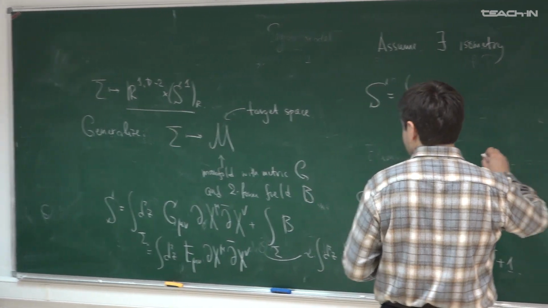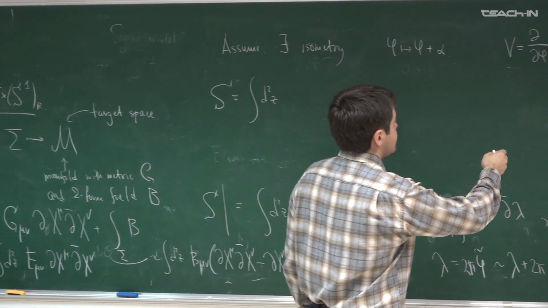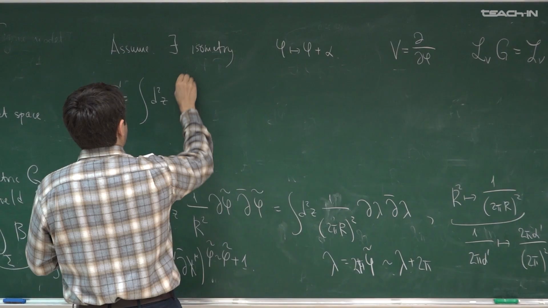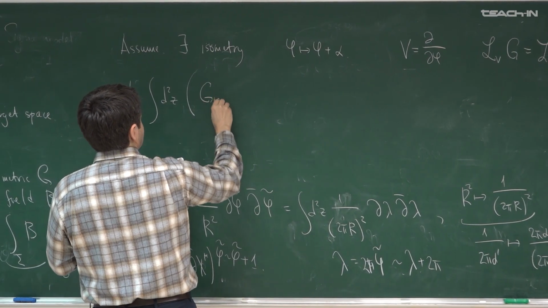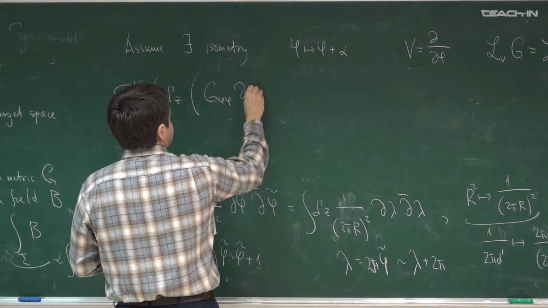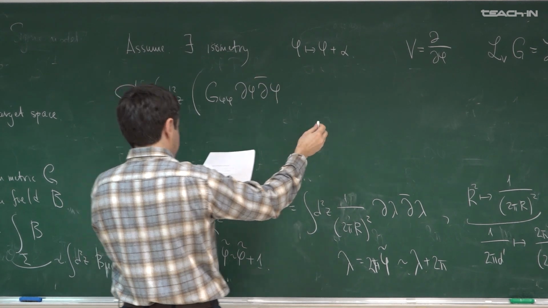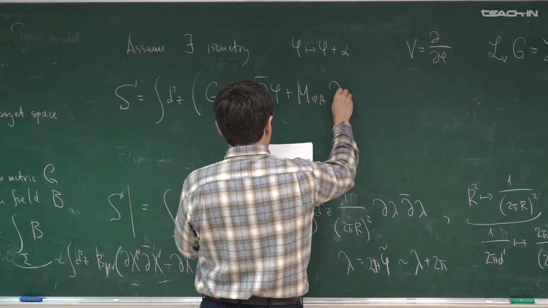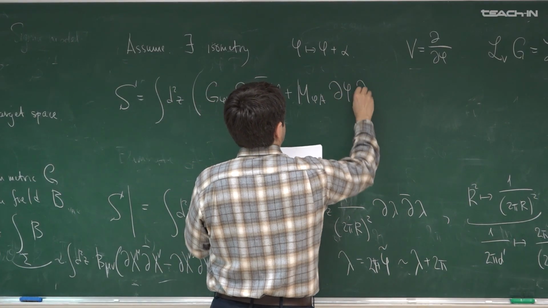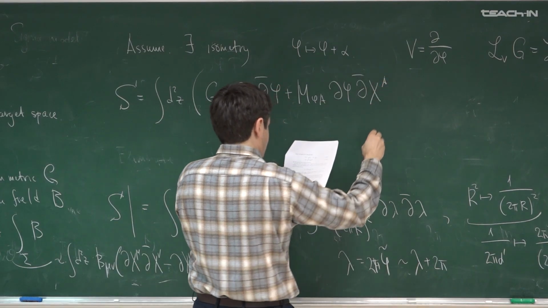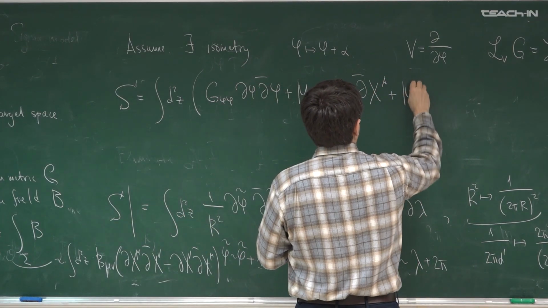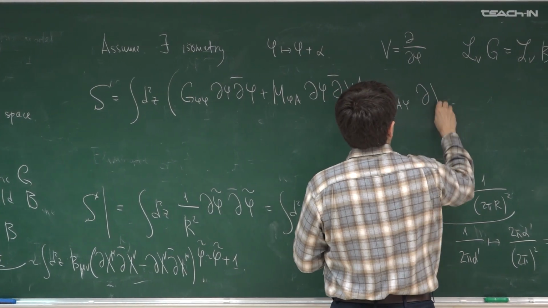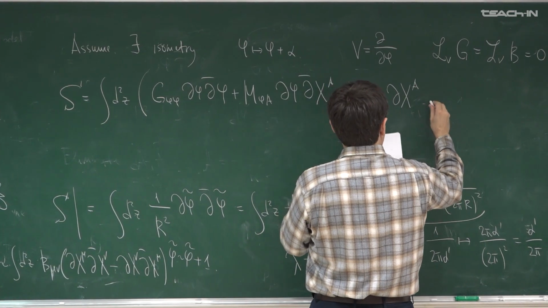So the next step we do is we require this theory to have a symmetry of shifting phi. This means that this action can be written as g_φφ ∂φ ∂̄φ plus M_φa ∂̄φ ∂X^a plus M_aφ ∂X^a ∂̄φ, and so on.